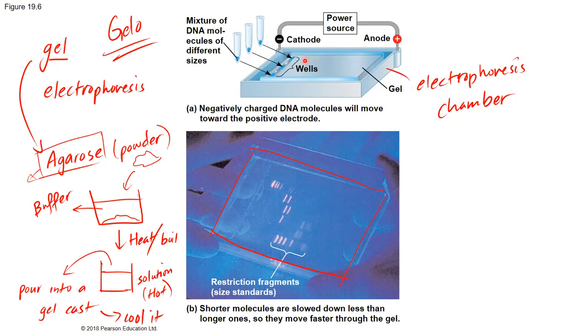And when we put the gel, we put buffer inside the chamber. So we submerge the gel and the wells in a buffer solution. So here, the inside of the chamber is also filled with a buffer solution.